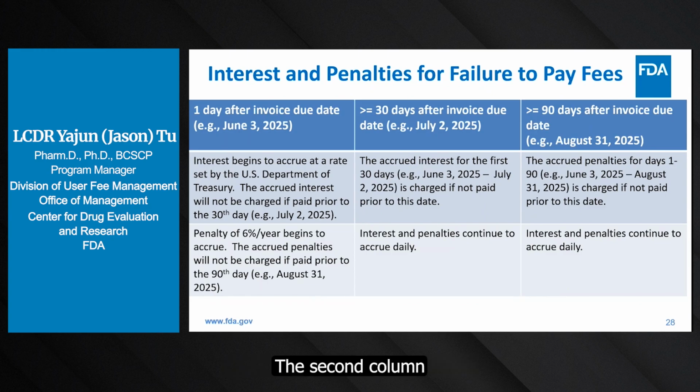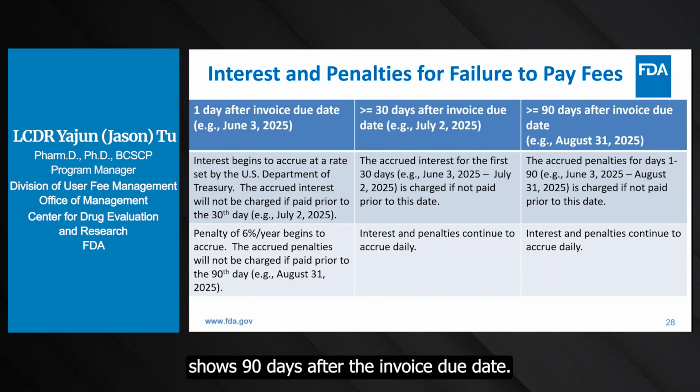The second column shows 30 days after invoice due date, for example, July 2nd, 2025. The accrued interest for the first 30 days, for example, from June 3rd, 2025 to July 2nd, 2025, is charged if not paid prior to this date. Interest and penalties continue to accrue daily.